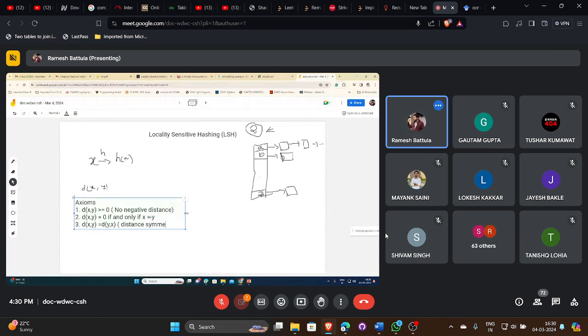The fourth: d of x comma y is less than or equal to d of x comma z plus d of z comma y.